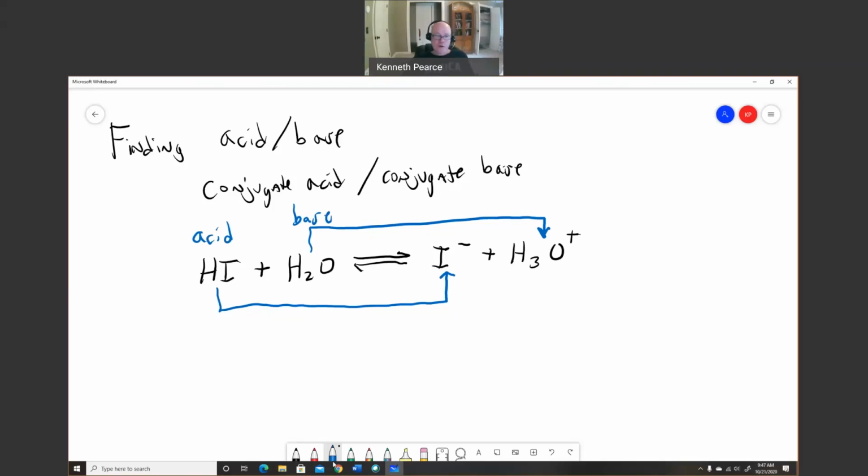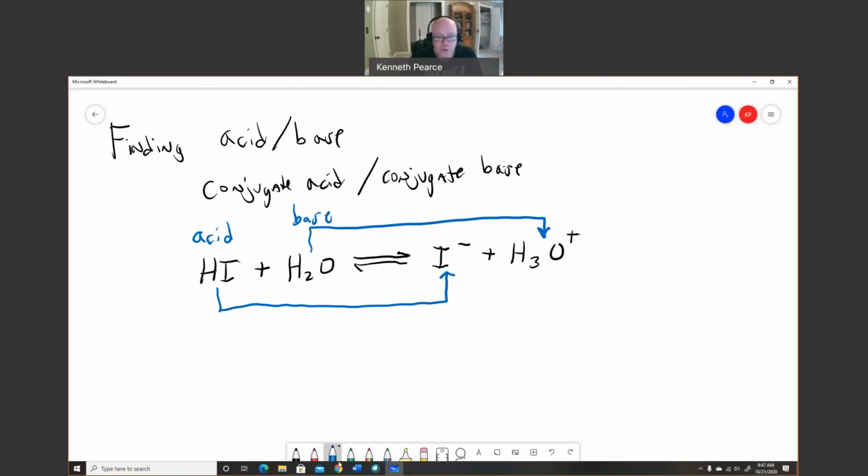And of course, anytime we have an acid or base reaction, the acid is always on the left-hand side. The base is always on the left-hand side. So never put them on the right-hand side. However, now here's where the conjugate acid, conjugate base comes in.